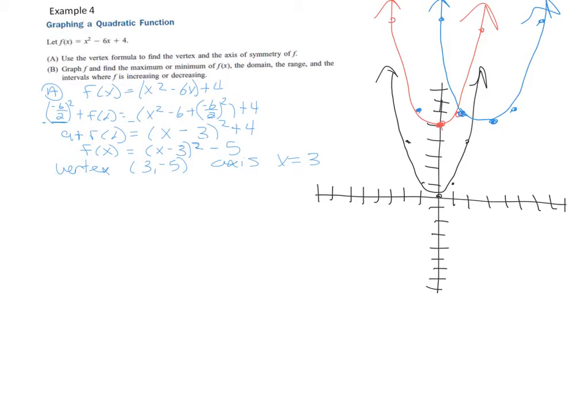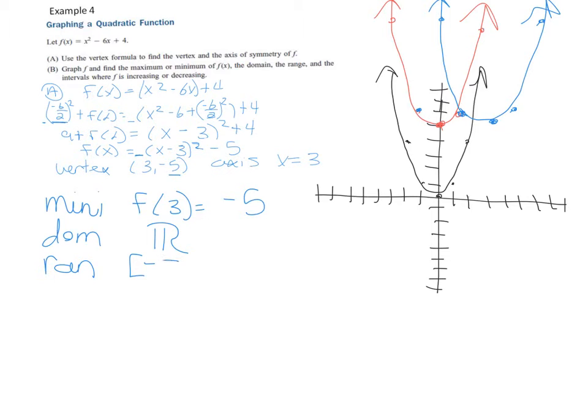Okay, we knew that it had a minimum because the A, the thing that was in the front, is positive. So we have a minimum at f of 3, which is -5, that gives me my minimum, right? That's my y value of my vertex. The next thing is my domain. Domain is all real numbers. My range is going to go from my lowest point, and my range is my y's, so look at your y's.